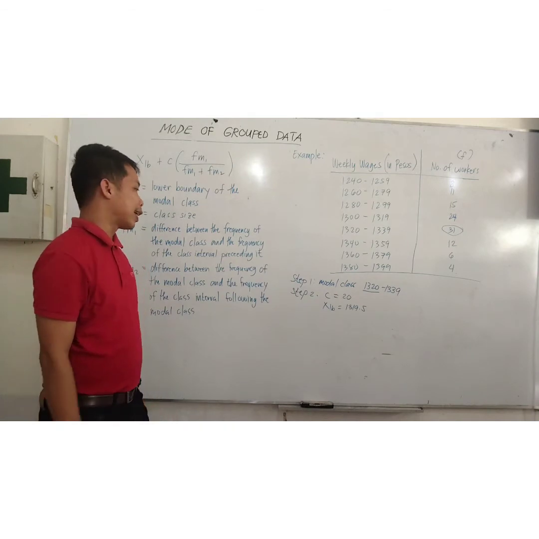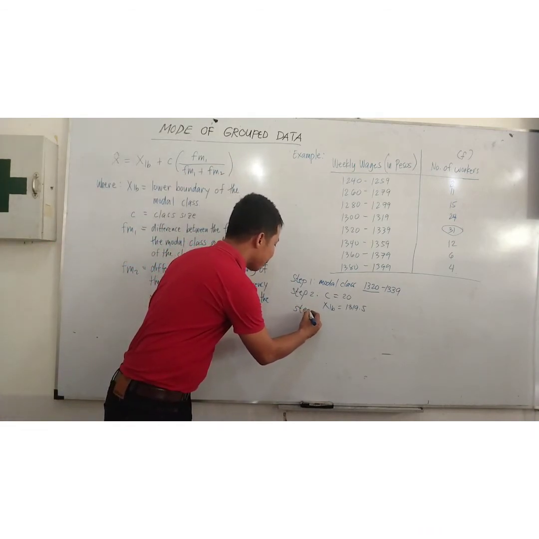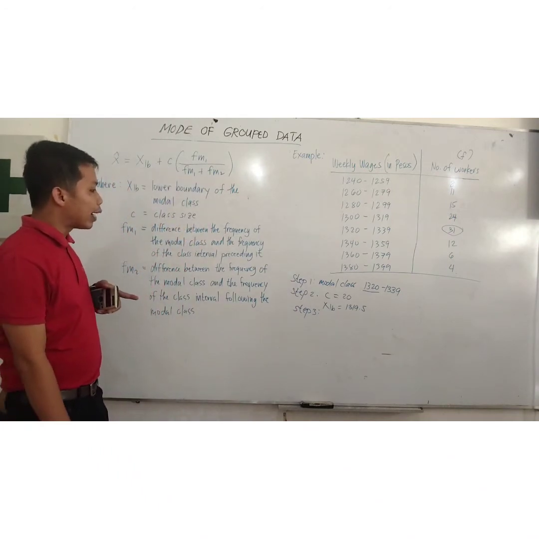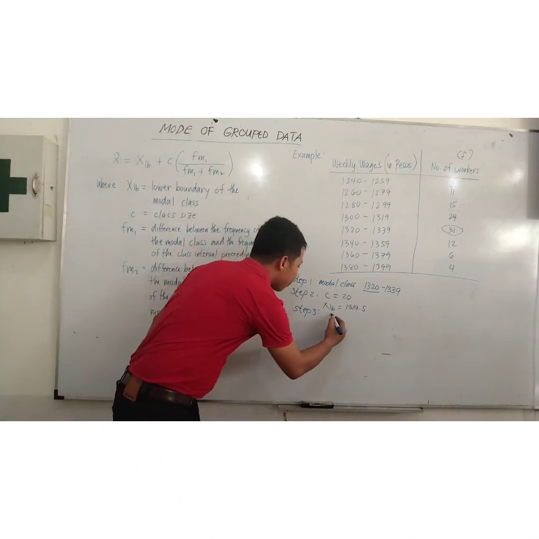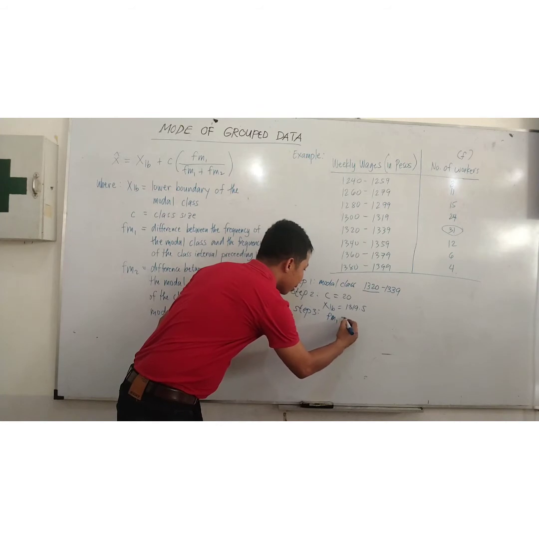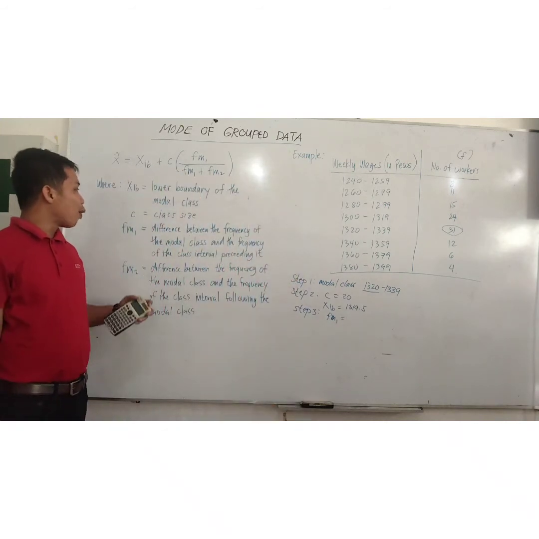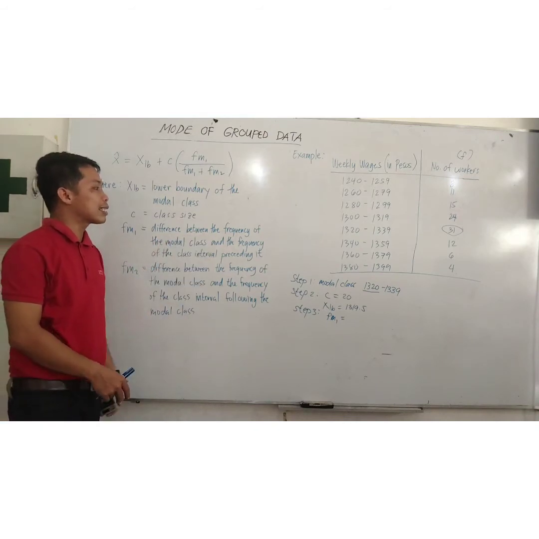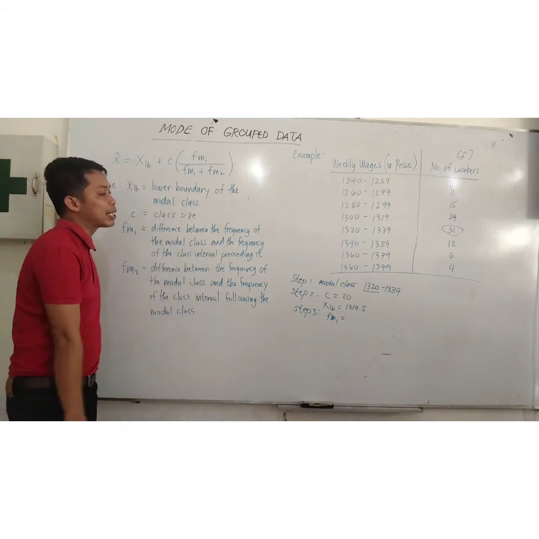So how about for the next step? Step 3 is to find fm sub 1 and fm sub 2. Our fm sub 1 is simply the difference between the frequency of the modal class and the frequency of the class interval preceding it.